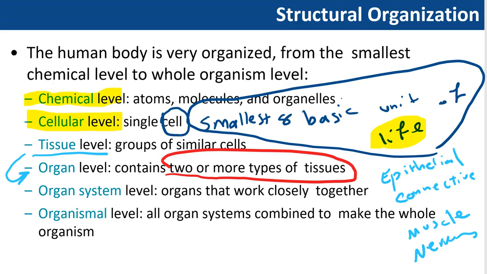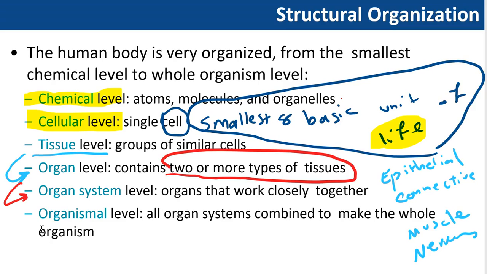The next level is the organ system level. Organs that work closely together to perform major functions or meet physiological needs of the body make an organ system. We have about 11 organ systems in our body, like our cardiovascular system, integumentary system, digestive system, and respiratory system.